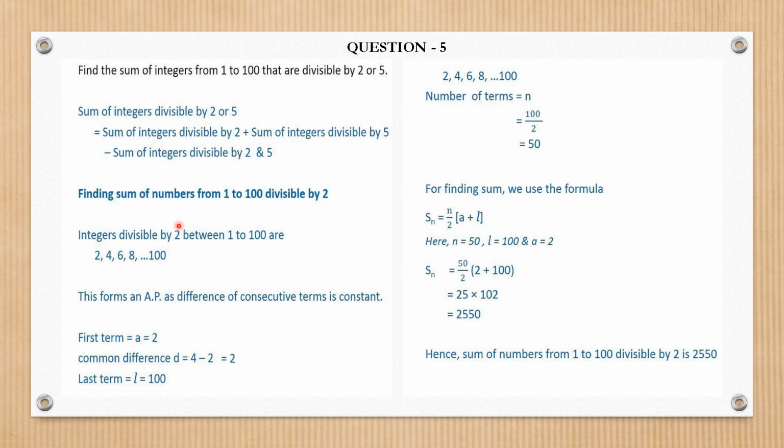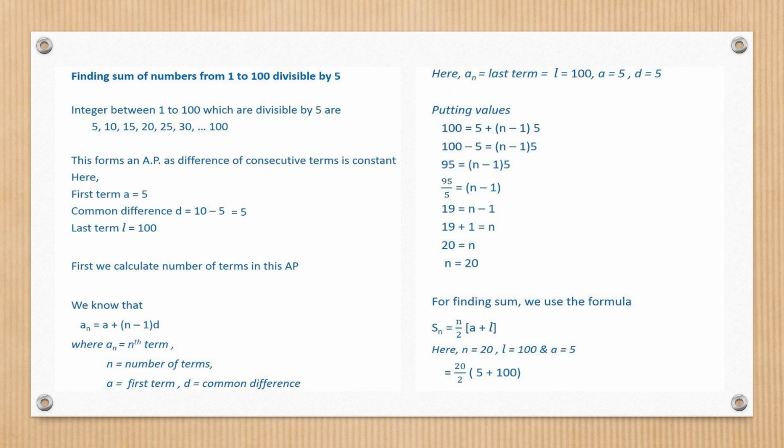Divisible by 2 means even numbers, so n is 50. The sum is n by 2 times (a plus l), so I can use 2 plus 100 and 50 by 2. So it is 2550. That is the sum of numbers from 1 to 100 which are divisible by 2. Now finding the sum of numbers from 1 to 100 divisible by 5.